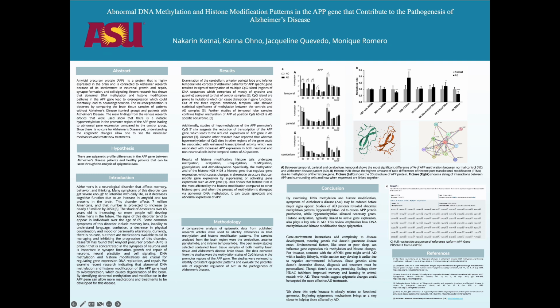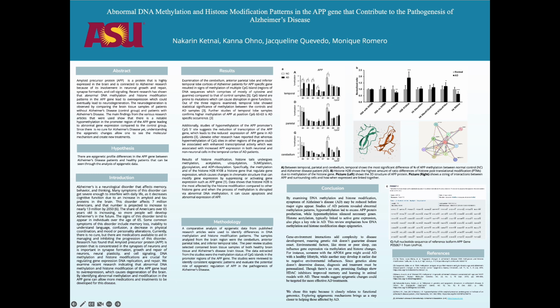During examination of the parietal lobe, anterior parietal lobe, and inferior temporal lobe of postmortem brain tissues of patients with Alzheimer's disease and those without, data in Figure A have shown that CpG islands, a region mostly comprised of cytosines and guanines, are mostly methylated. This methylation was found to be statistically significant only in the inferior temporal lobe.